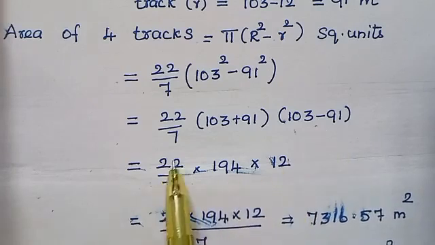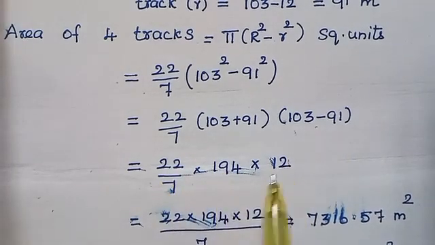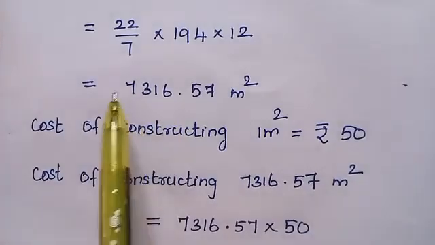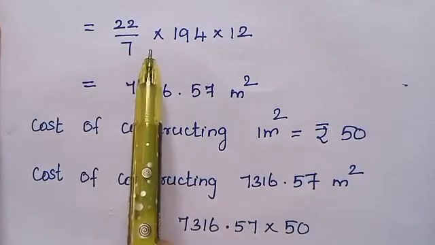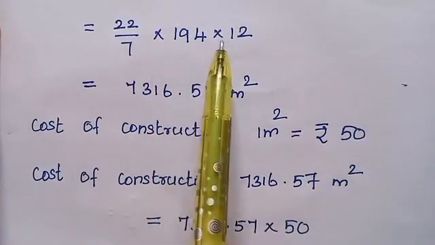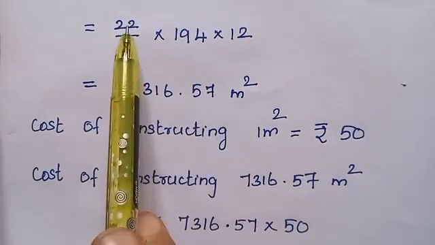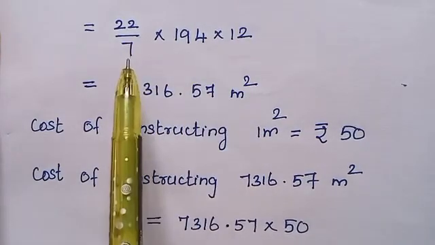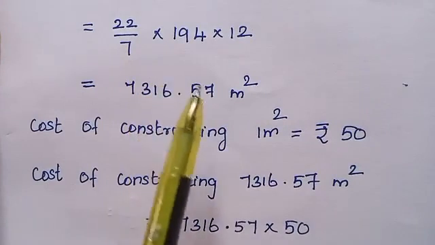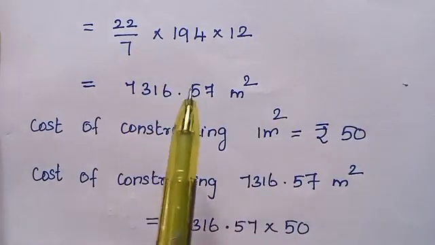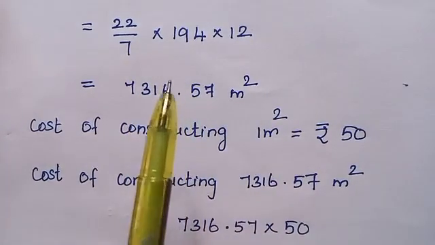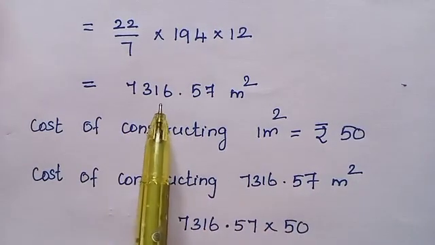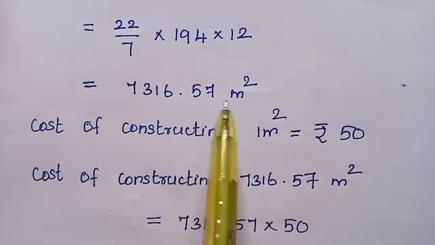So multiply all the 3 numbers and divide that by 7. Multiply 22 into 194 into 12 and divide by 7. You know already the division and multiplication, so do the calculations yourself. The answer is 7,316.57 meter square.